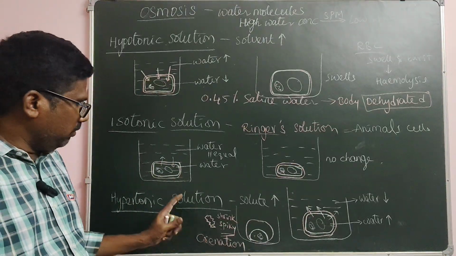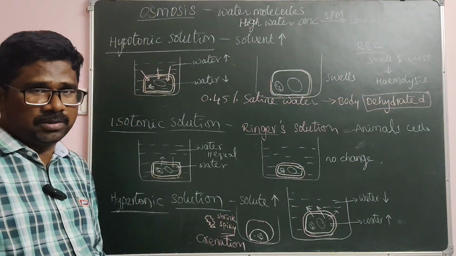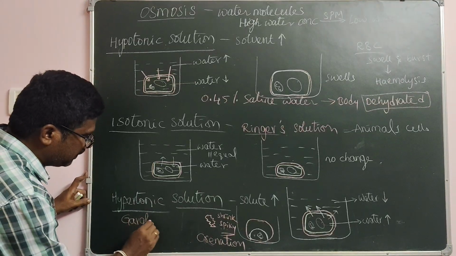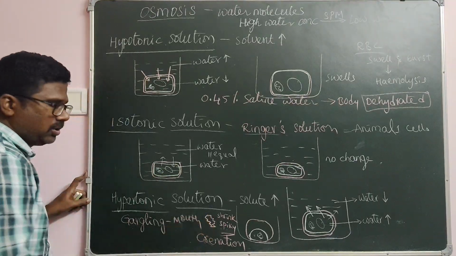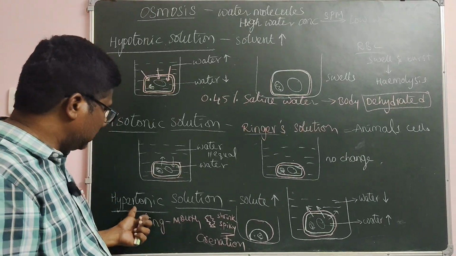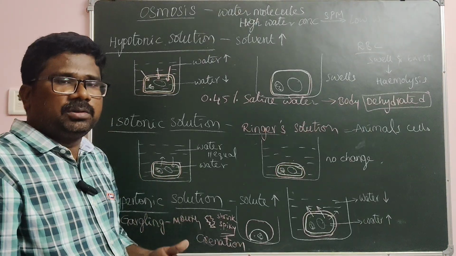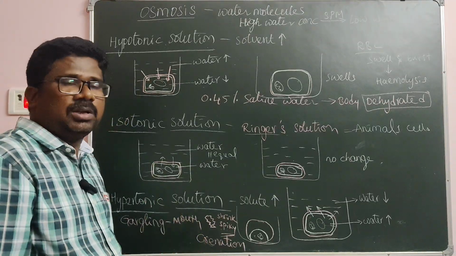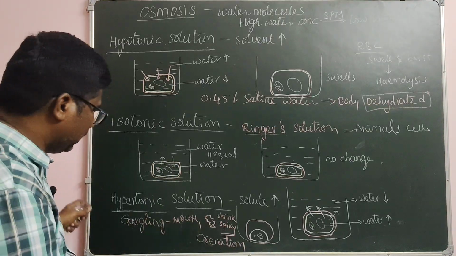And where is this type of hypertonic solution useful? Gargling the mouth. When we gargle the mouth with a large amount of salt in the water, that is a hypertonic solution, and the bacteria present in the mouth will die. The bacterial cells will lose water content and die.